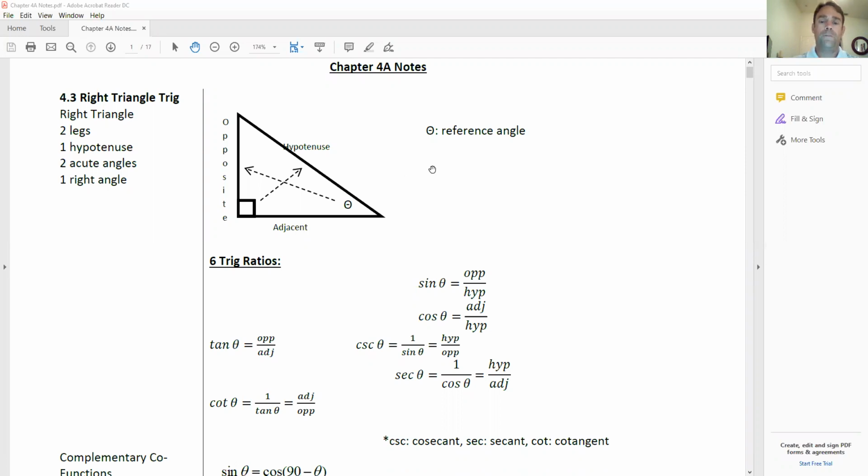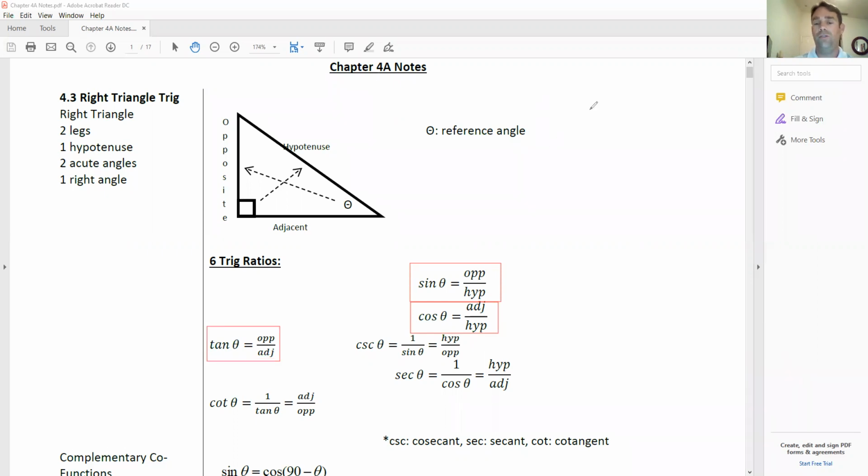This printed up a little weird, didn't it? You know the three main trig functions. Hopefully you've learned that sine is opposite over hypotenuse, cosine is adjacent over hypotenuse, and tangent is opposite over adjacent.